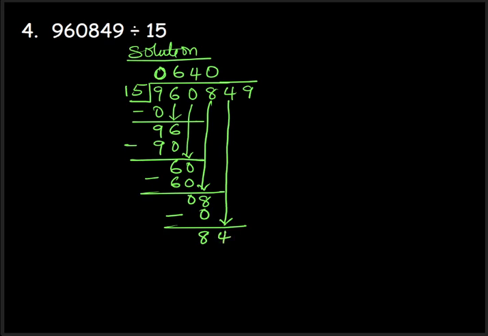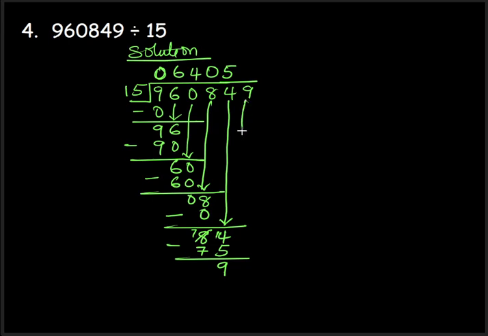What should be before 84 is 75. And 75 will be 5 times. So 15 times 5 will give us 75. Subtract, what do we have? 14 minus this will give us 9.